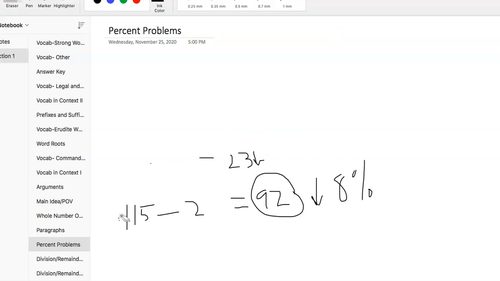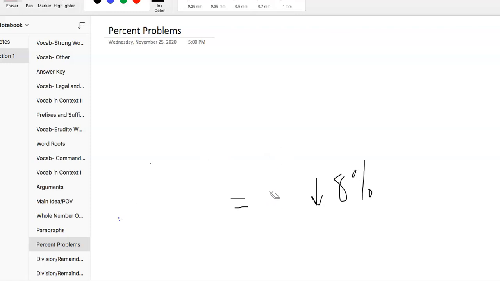This last one is combining percentages. I believe it's an "of" question. I'll show you what that means in a sec. It says 40% of the class is male.